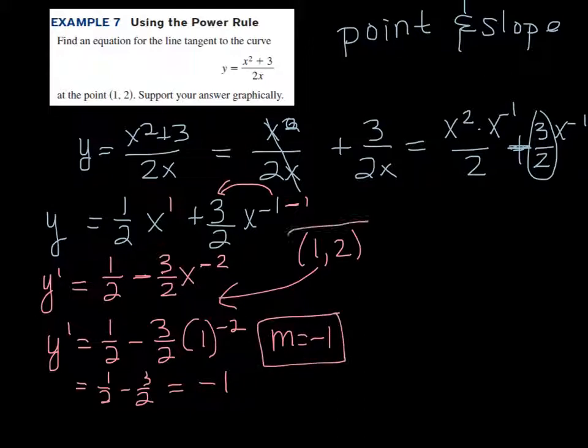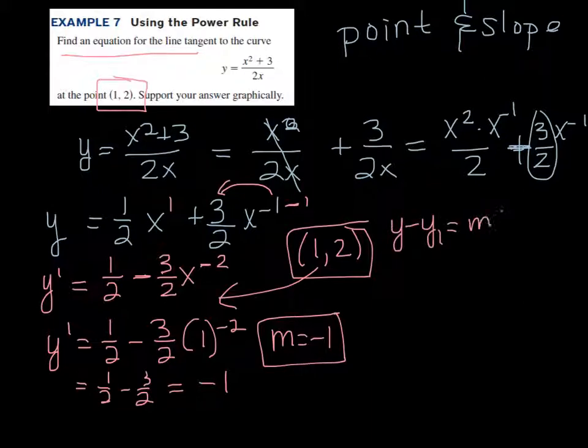And my point is given to me up here as (1, 2). Now remember, I get a lot of students that work these problems out, and this is all I get. I have to have the equation for the line. So we can use the point-slope form of that, y minus y1 equals m times x minus x1, or whatever version you want to use, as long as I have a linear equation in y equals mx plus b form.